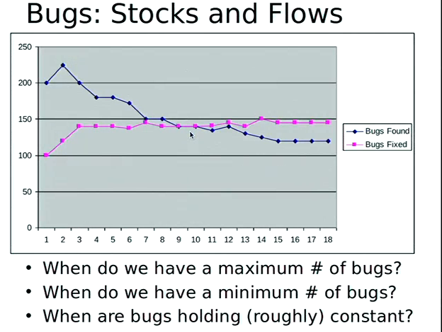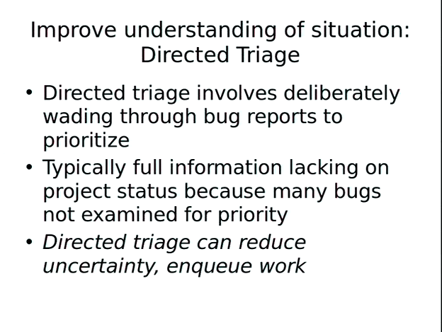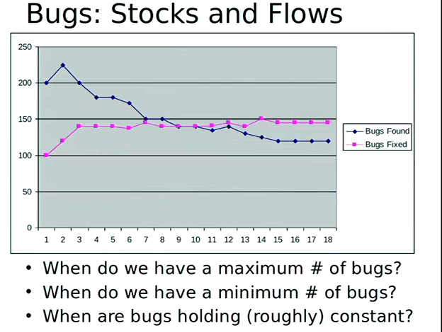And as I say, what's not represented in this graph is a warm-up time as testing gets going and you get better and better at finding bugs. So directed triage, this process, involves deliberately wading through the bugs to figure out which are worth fixing, what's their severity and their priority.